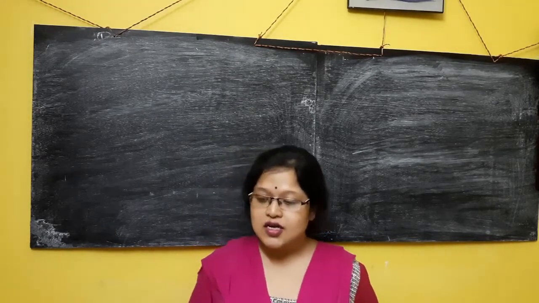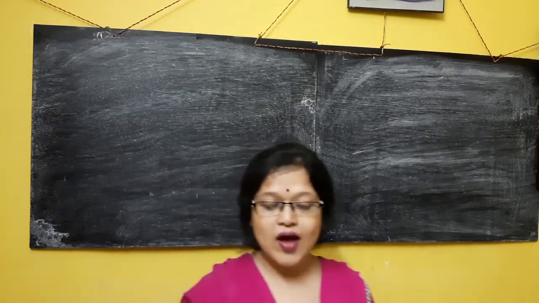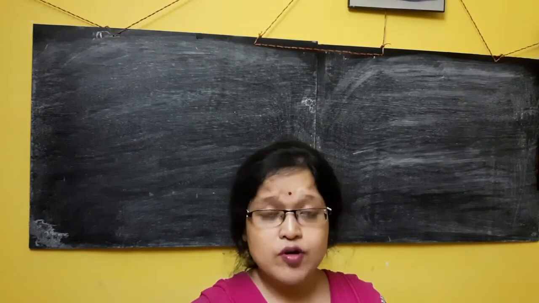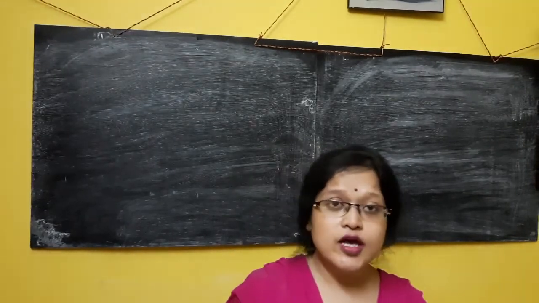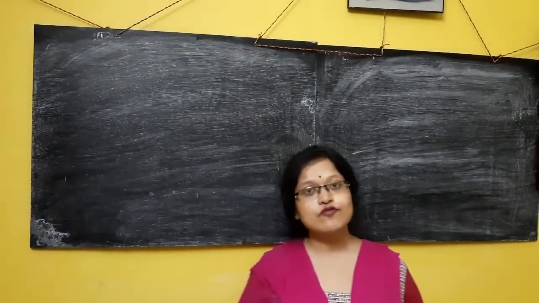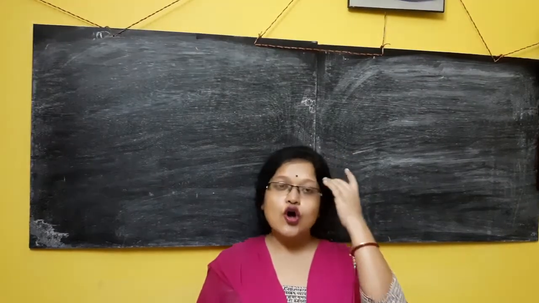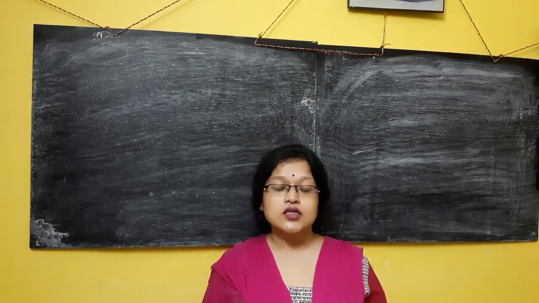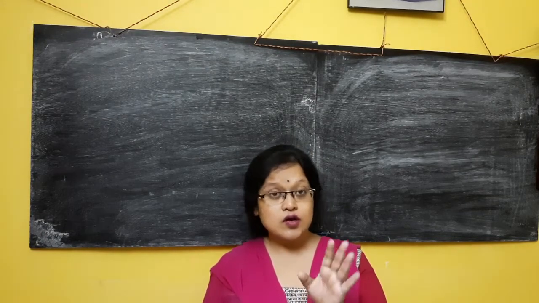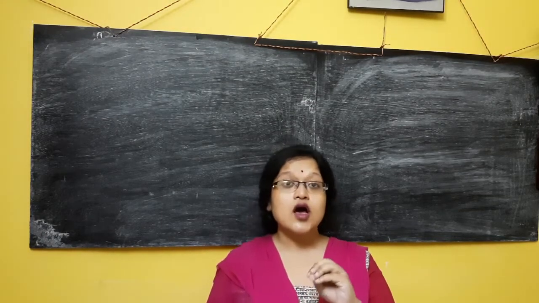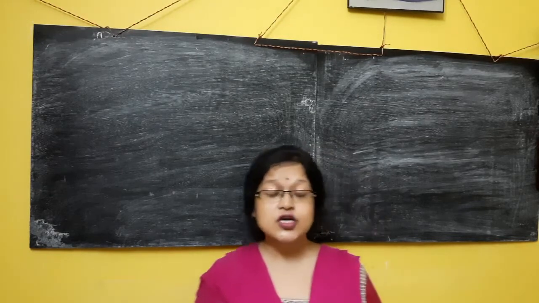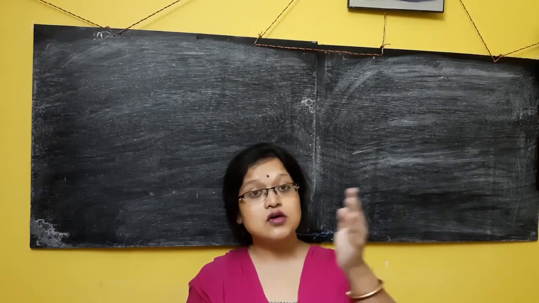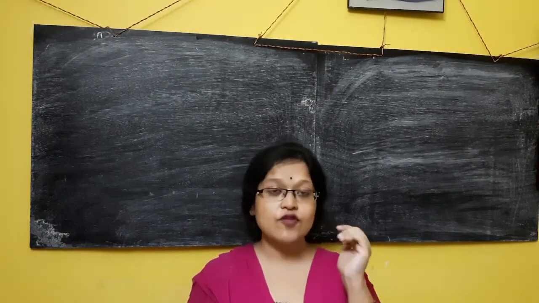For the revision classes of light, which you did in the month of March or February, I am giving you a quick recapitulation of what you have to study for the chapter. The law of refraction and law of reflection you will study. A few cases from the prism, deductions from the prism, the relationship between the angle of incidence and angle of reflection.